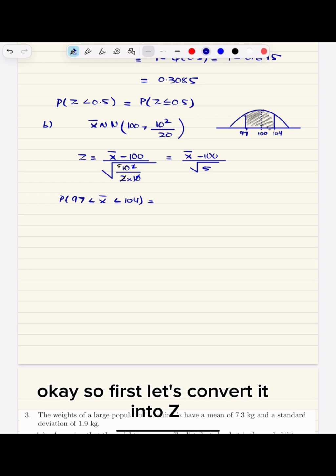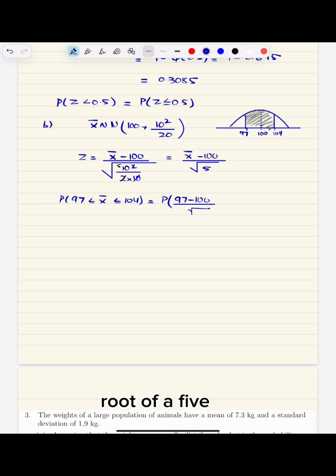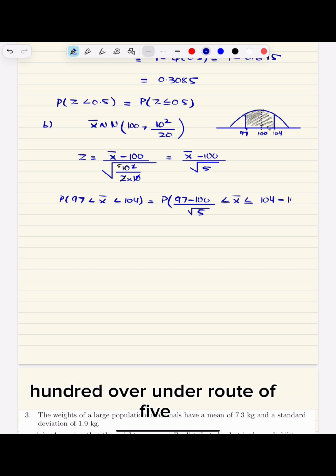First let's convert it into z. We're going to do 97 minus 100 over the square root of 5, and then 104 minus 100 over the square root of 5.